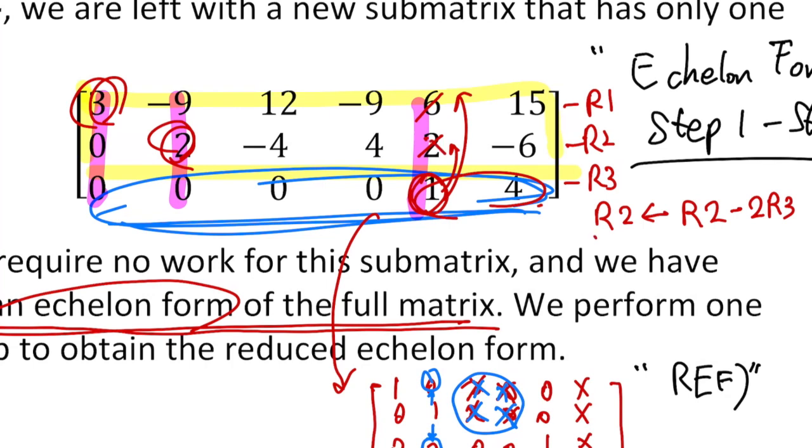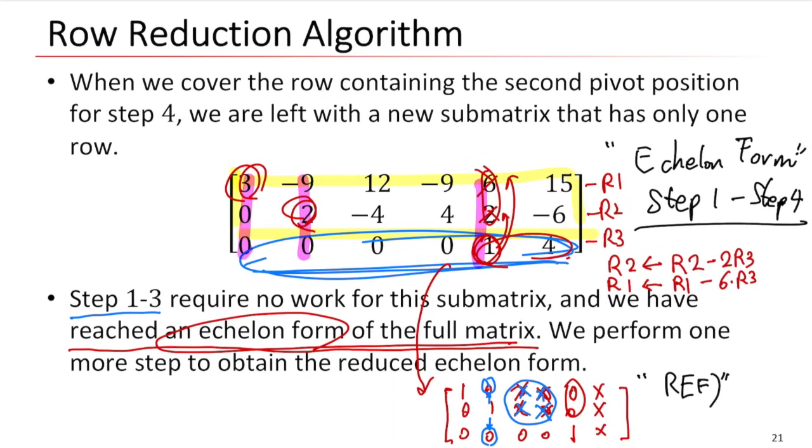Similarly, if we replace the original R1 by R1 minus 6 times R3, we can remove this part, and then make these values 0. By using these kinds of row operations, we can finally arrive at the reduced echelon form.